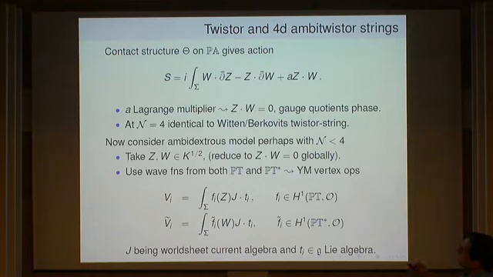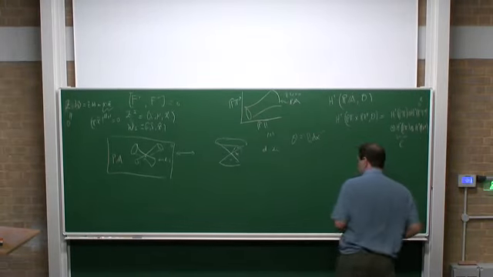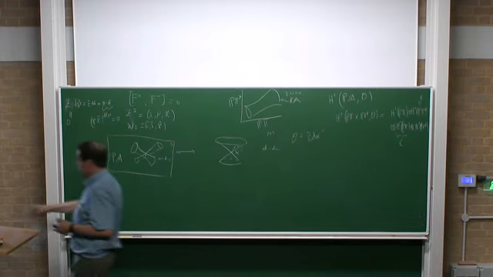ambitwistor string. And you have to make sure that W and Z, I haven't really specified things very completely, maybe I'll just write stuff at the top of the board here.